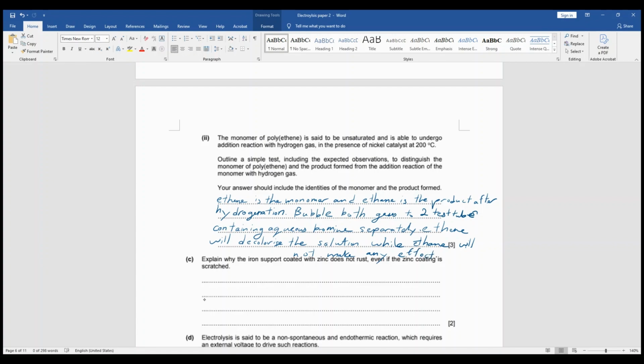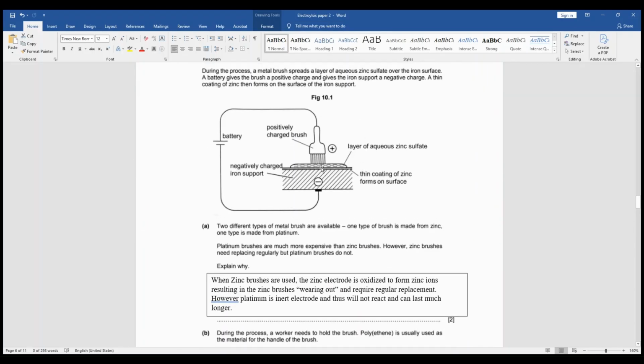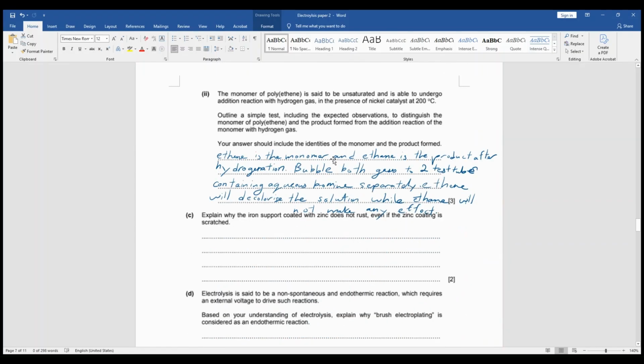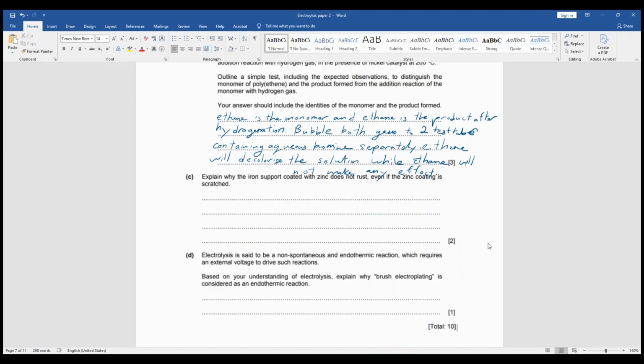Explain why the iron support coated with zinc does not rust, even if the zinc coating is scratched. Iron supported or coated with zinc, because the zinc coating will help with sacrificial protection.